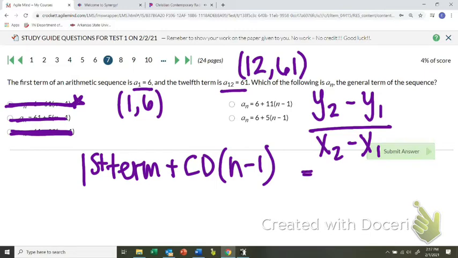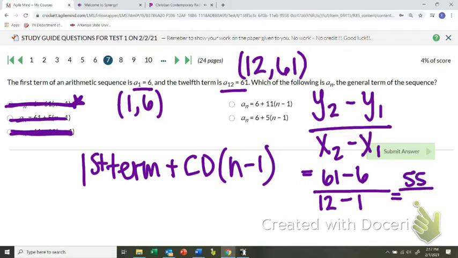So if I plug those in, y2 would be 61. y1 would be 6. x2 would be 12. And x1 would be 1. What is 61 minus 6? 55. 12 minus 1 is 11. Well, 55 divided by 11 is 5. So, what is our common difference?